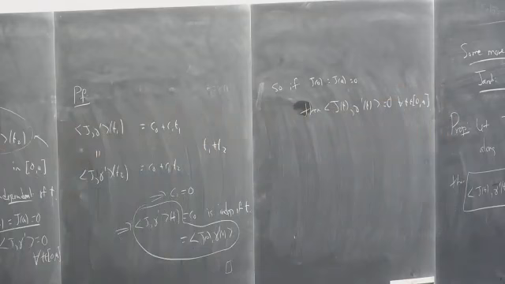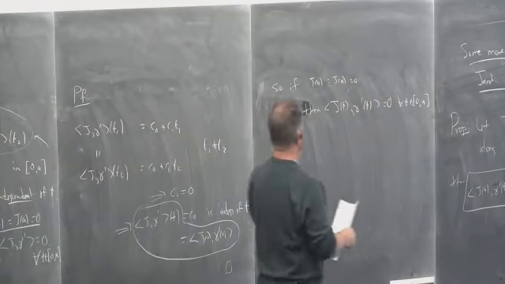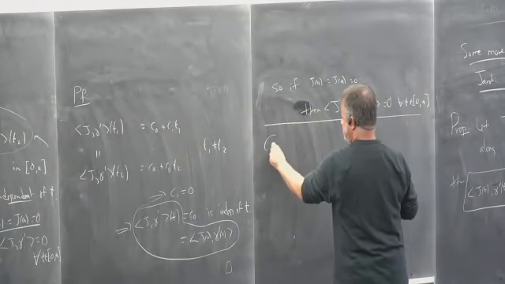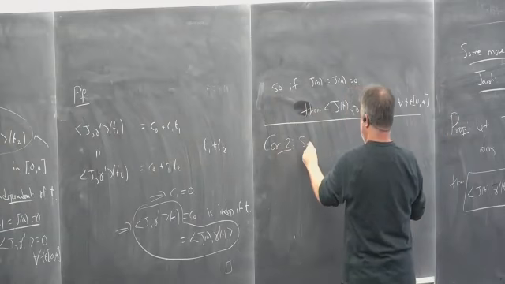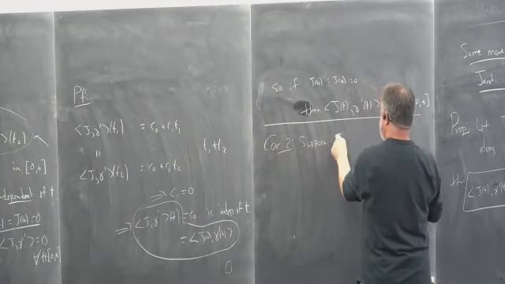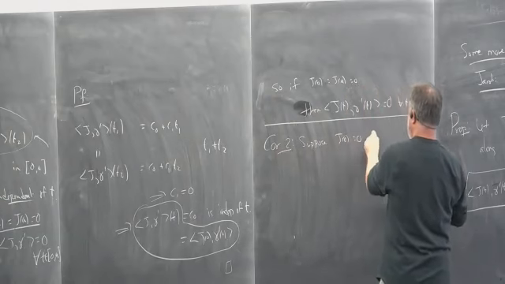Another corollary of this proposition, corollary 2: suppose J(0) equals 0.